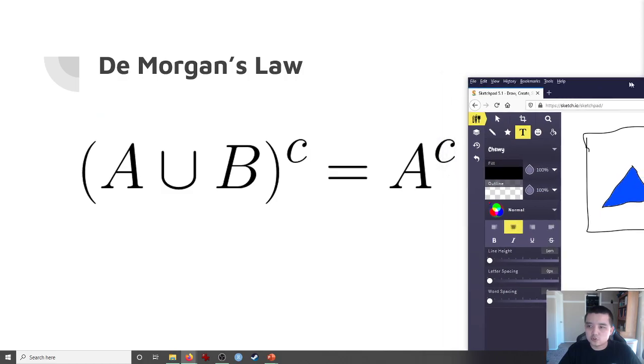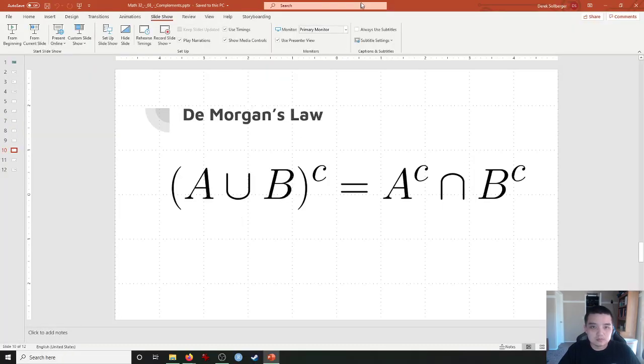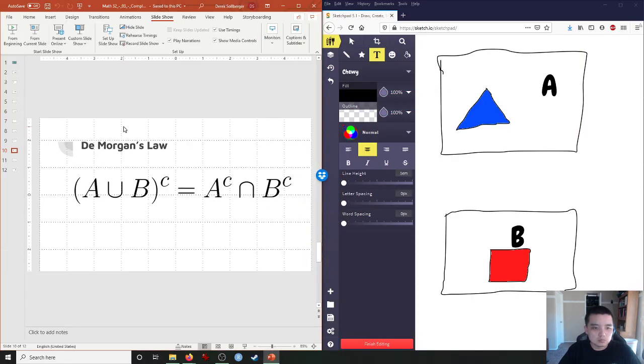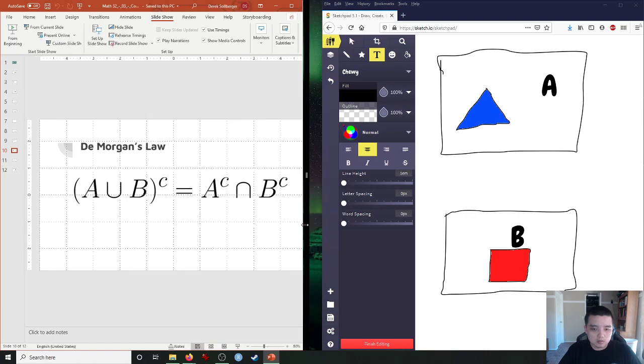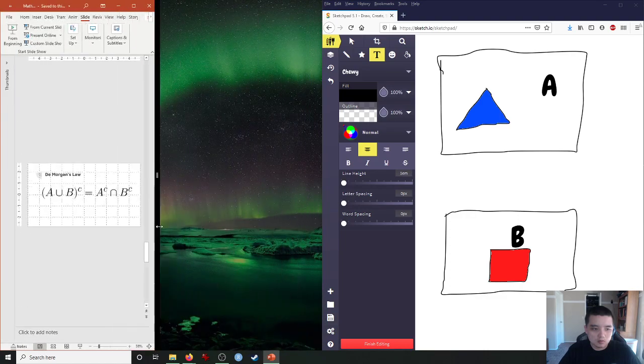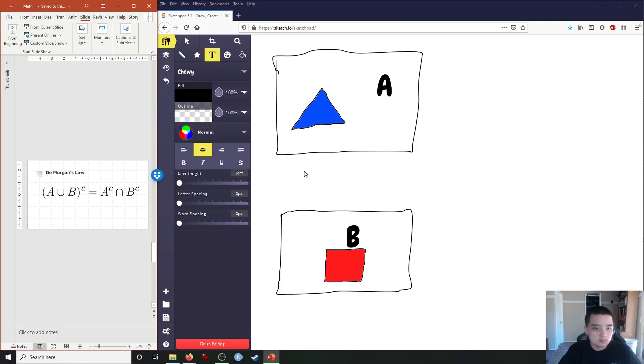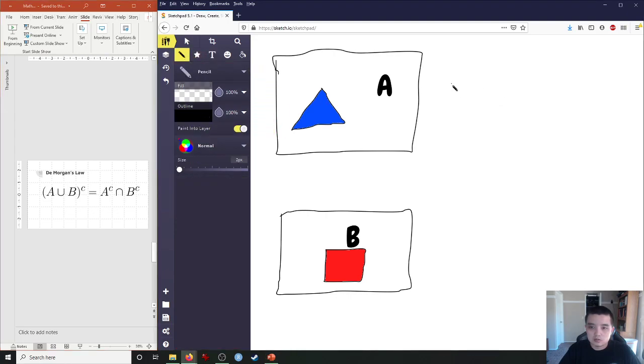So now what I was trying to show is De Morgan's Law. And we'll look at that left-hand side. It says we're going to first look at the union. So we're going to combine these two.